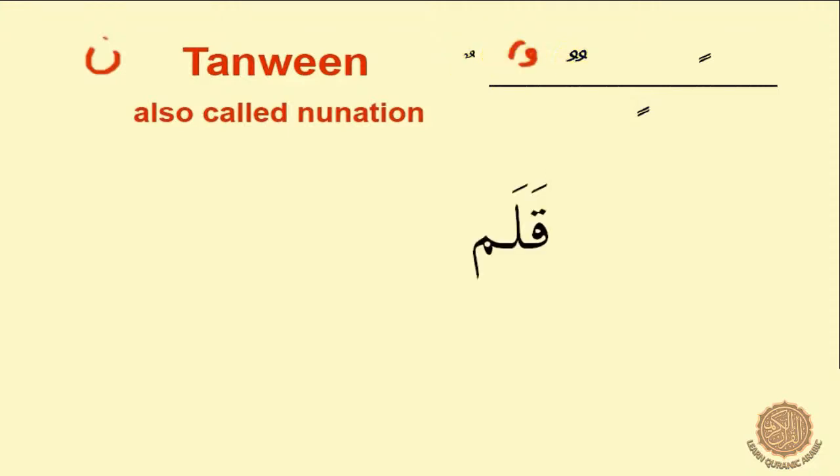Now, here we have the word qalam. Qalam means pen. Now, for example, if we put one dhamma, it will be qalamu. If we put two dhammas, it will be pronounced as qalamun. Qalamun.